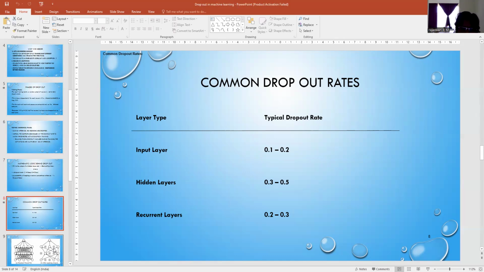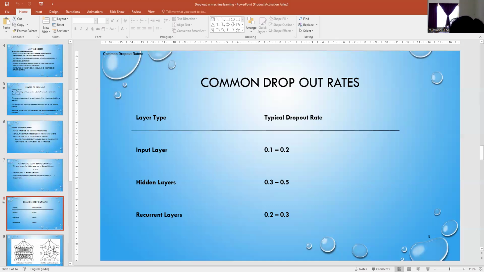Normally, for the input layer the dropout rate is 0.1 to 0.2, whereas for the hidden layers the dropout rate is 0.3 to 0.5, and the recurrent layers, which are applied during backpropagation, along with the output layer, may involve a dropout ratio of 0.2 to 0.3. These are the typical dropout rates mentioned by the inventors.